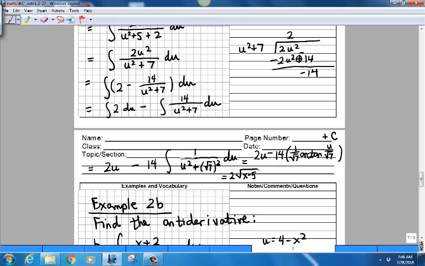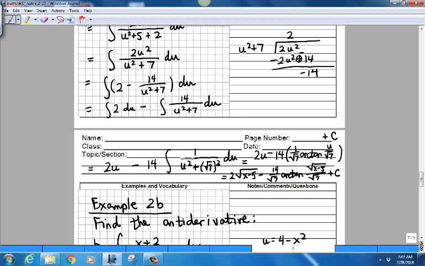That was the original numerator, minus, and then let's see, I can write this as 14 over square root of 7 times the arctangent of u, which is square root of x minus 5 over square root of 7, and then plus the constant.